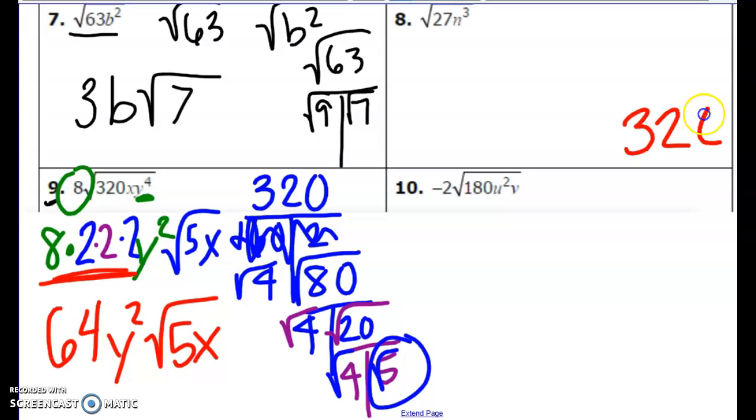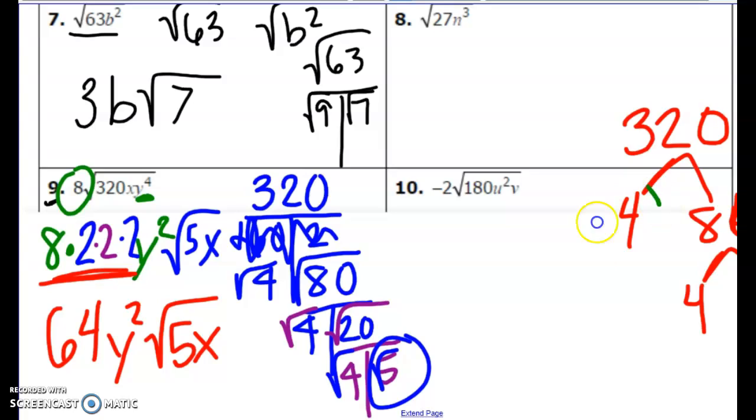Remember way back to 6th grade, sometimes you would do a factor tree. If I did a factor tree on this, maybe you'd see, I think we did 4 and 80. Great. Now, I could pull this down and look at, do you see another 4 comes out of 80? And it's 4 times 20. Is that right? Yeah, 16. Okay, so watch this. Remember over here, when we had the y's, we pulled out a pair of y's?